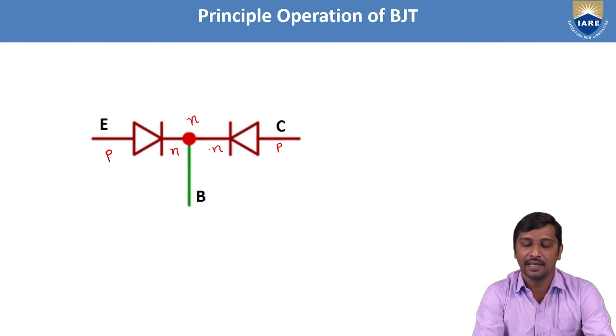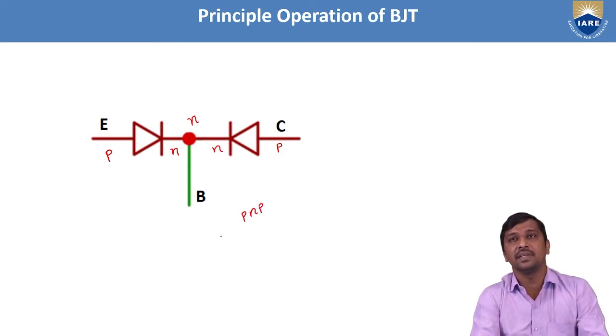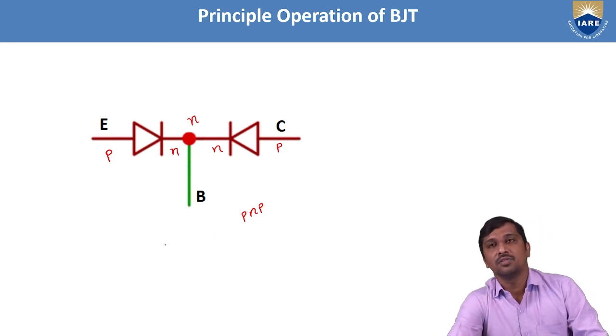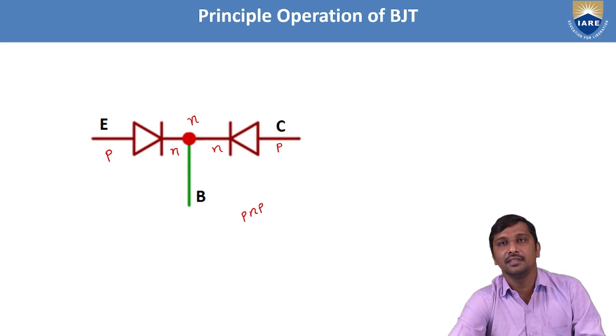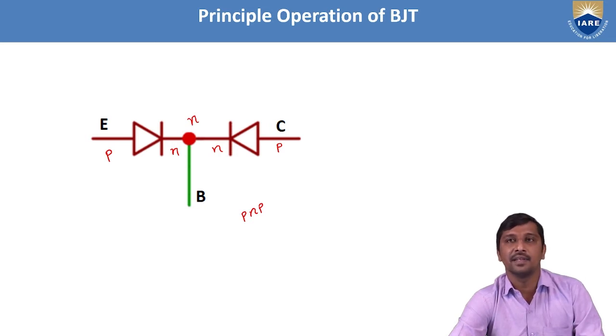Based on this representation, this type of construction is called a PNP transistor. So based on the construction, the transistors are classified into two types: one is the PNP transistor, another is the NPN transistor.